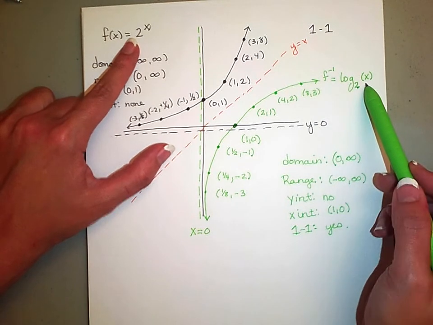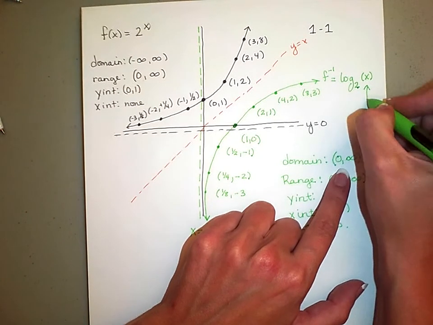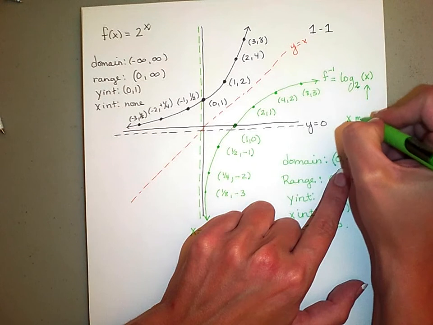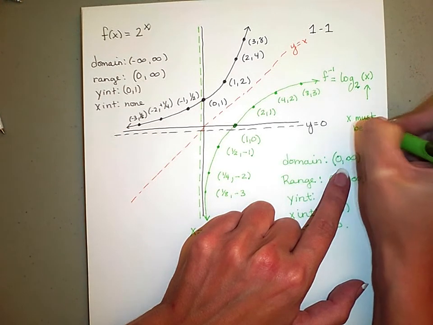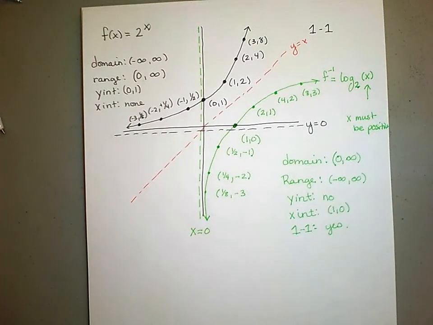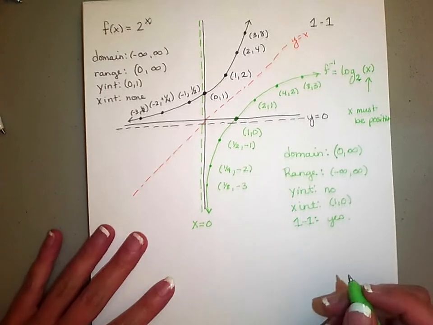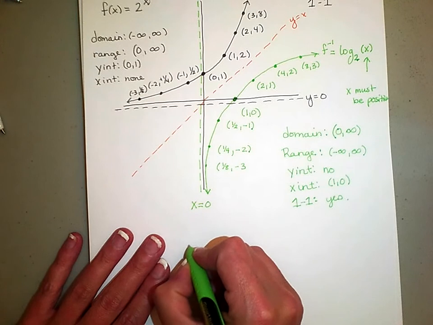Okay. Now, as a direct result of this domain, whatever we put in here, x must be positive. You can't take the square root of a negative number. You also cannot take the log of a negative number. So let's see if we can answer these questions.